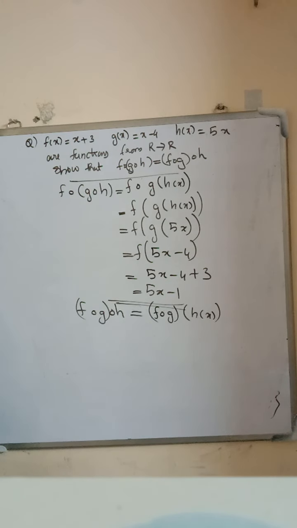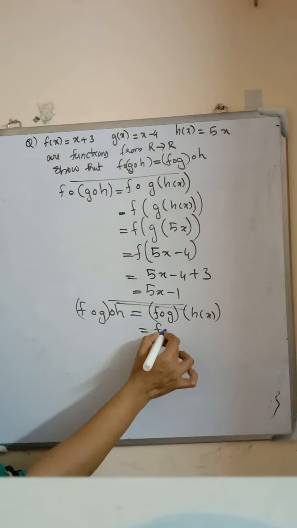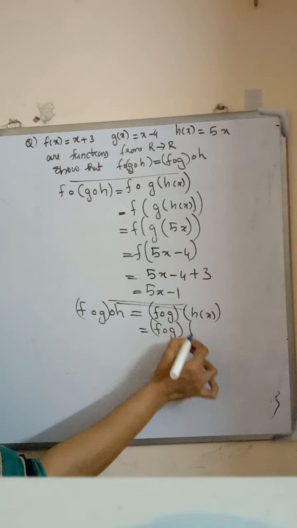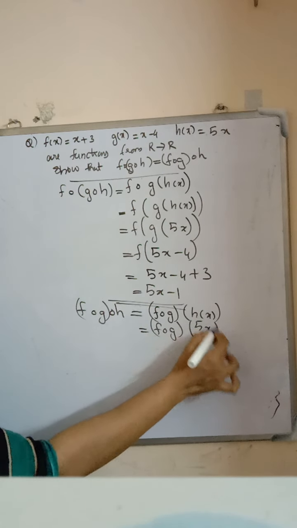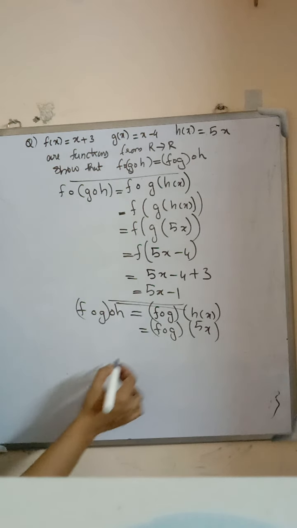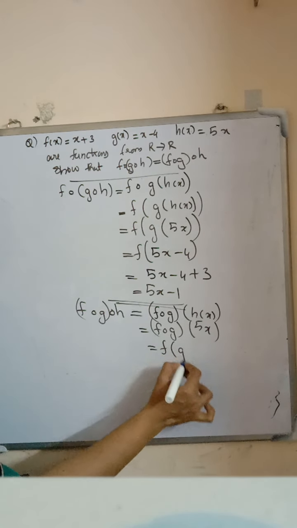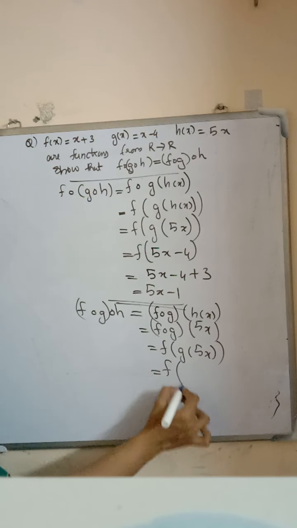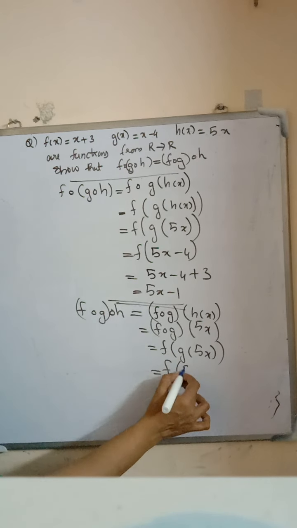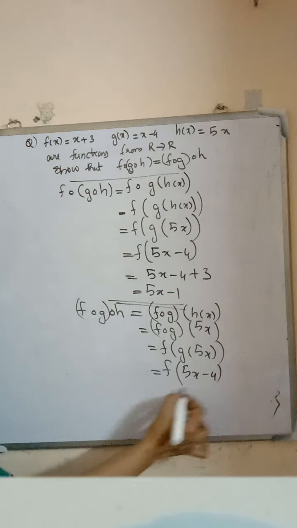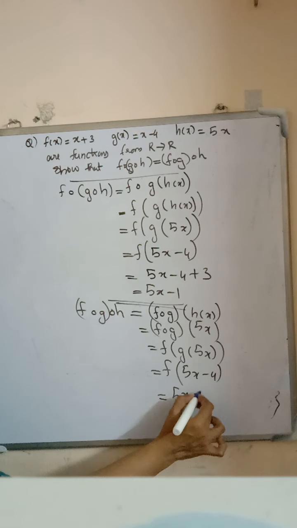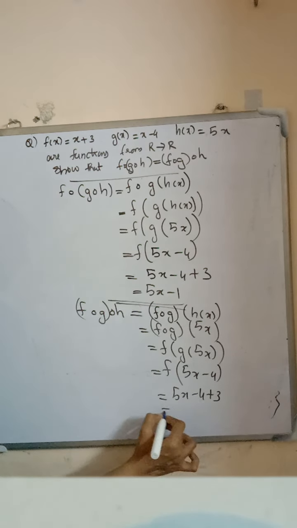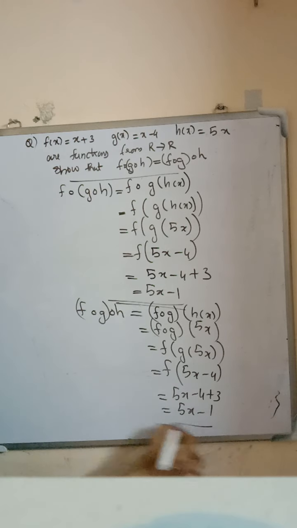That is equal to (f composition g) of 5x. Also, f composition g is f of g of x. So f of g of 5x. That is f of 5x minus 4, which is 5x minus 4 plus 3. That is equal to 5x minus 1.